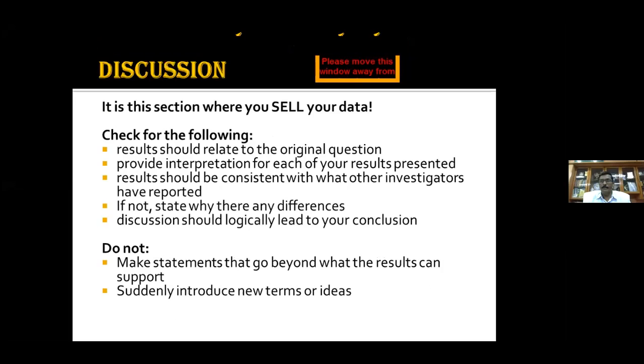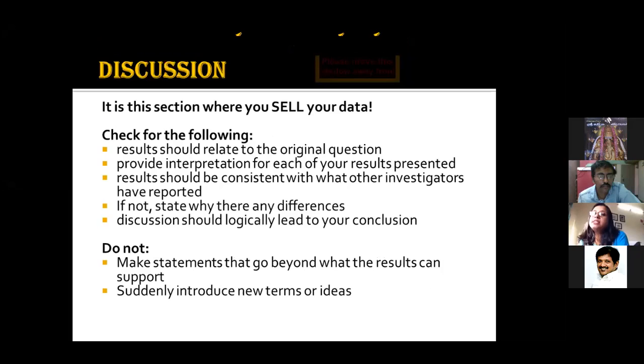Now, discussion is very important, because if results are stated in a tabular or figurative form, discussion would help you to write very clearly how you derived the result. This is where you sell your data. Whatever you have collected, you argue and put in very clearly how your results came.